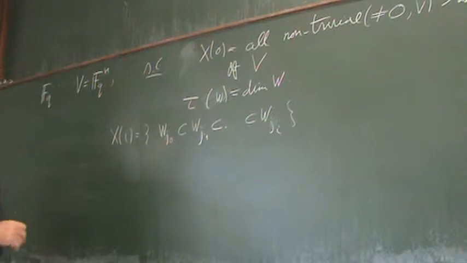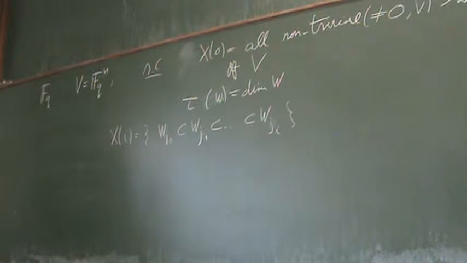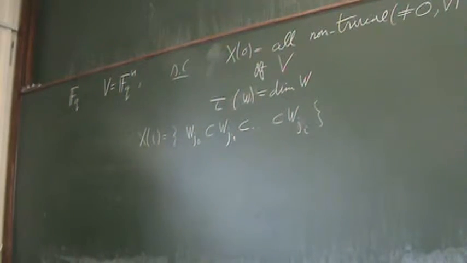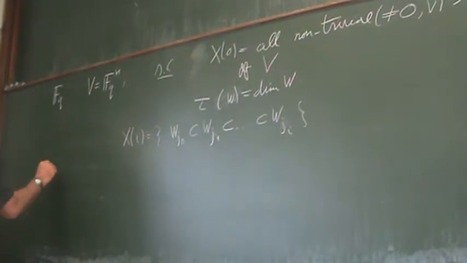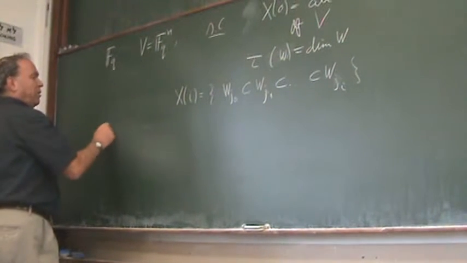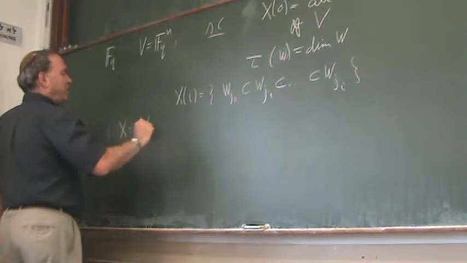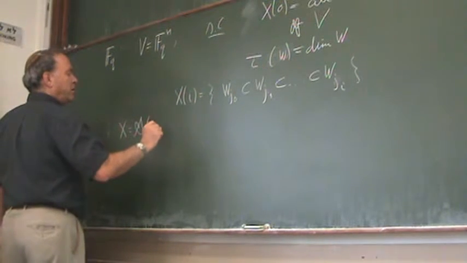Like a flag of i plus 1 subspaces is the set of i-cells, and we started to calculate. So we call this X, the spherical building.